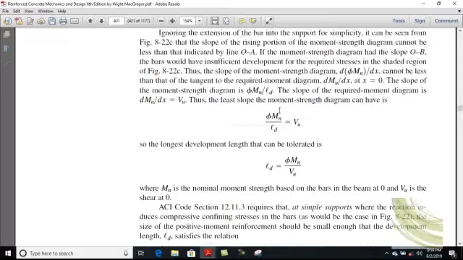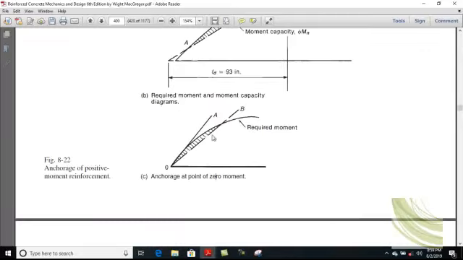Basically that distance will be equal to ld. Clear? So making yourself more safe, you add some extra length with that distance a.